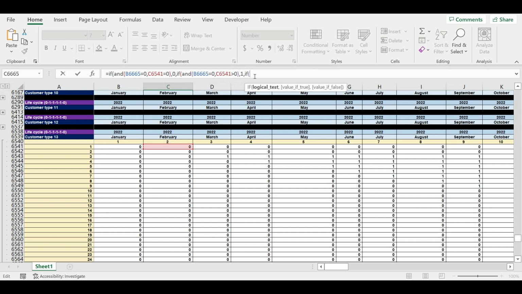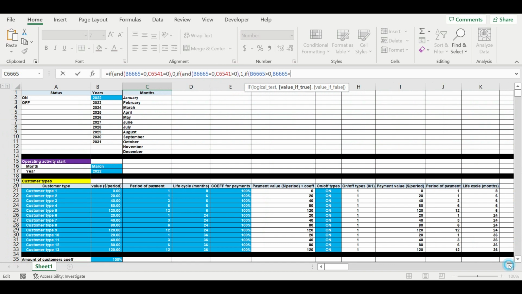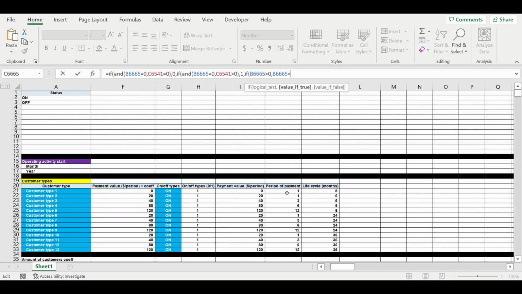If this value is more than 0 and this value is less than the period of payment, fix it, then we do like this, otherwise we paste 1.